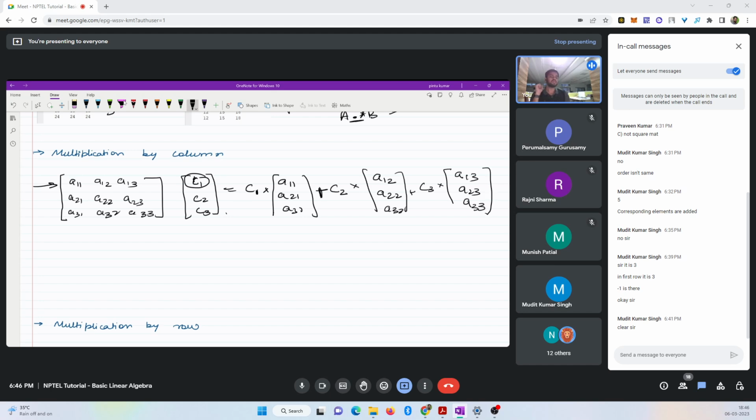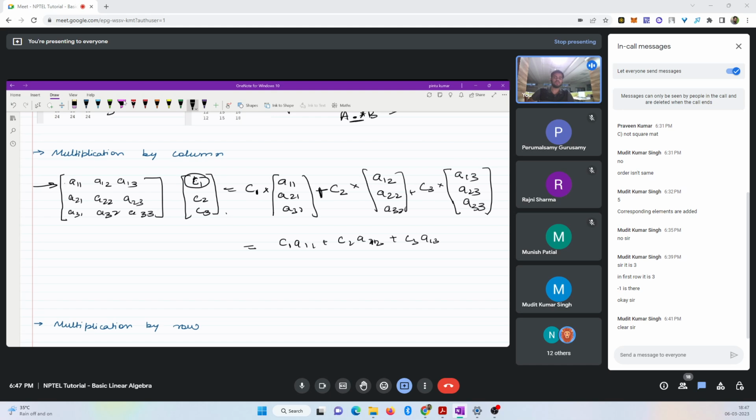This is what is meant if you multiply any matrix with a column vector. If you look at the answer, what you would get is C1 A11 plus C2 A12 plus C3 A13.